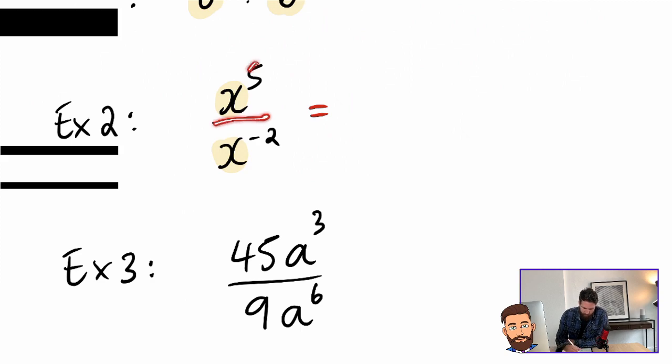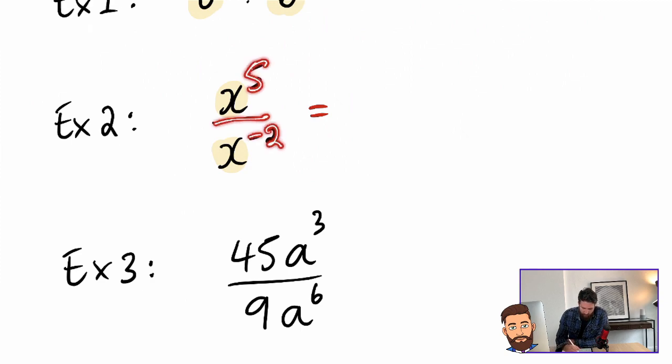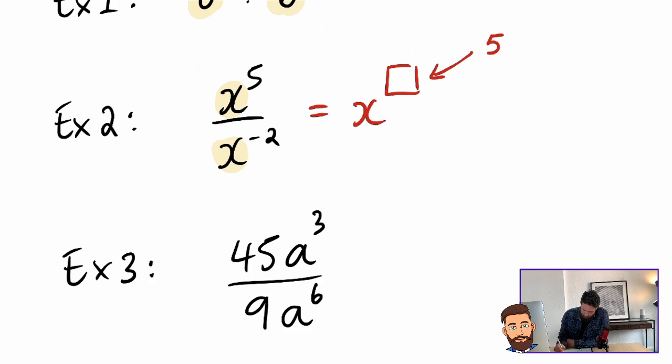We're dividing, so you should be thinking, I take away the powers, and this is where we have to be really careful. We need to do 5 minus 2. So we're going to keep the base the same, and our power is going to become whatever 5 minus 2 is. This is where they try to trip you up by putting a double negative in over here, look.